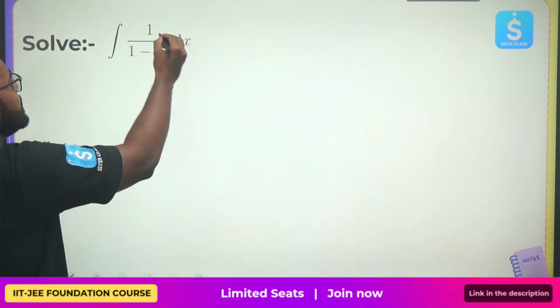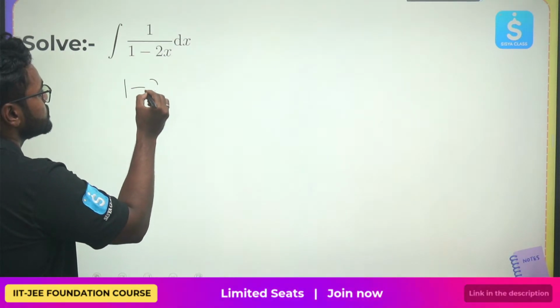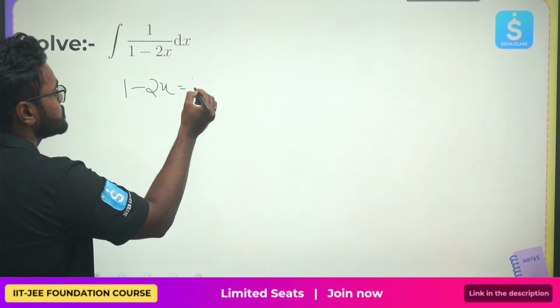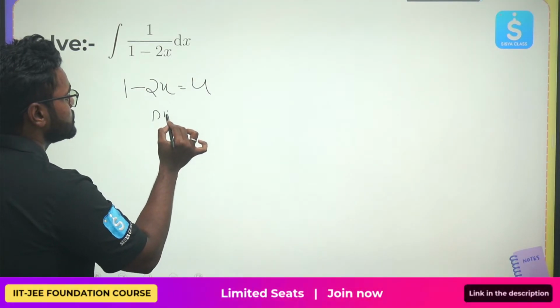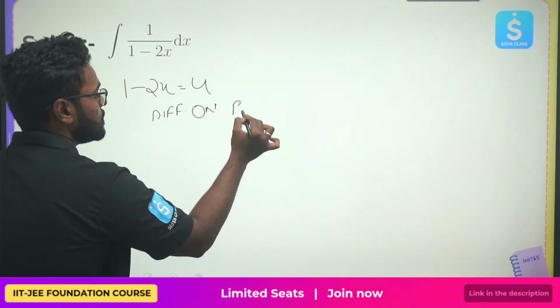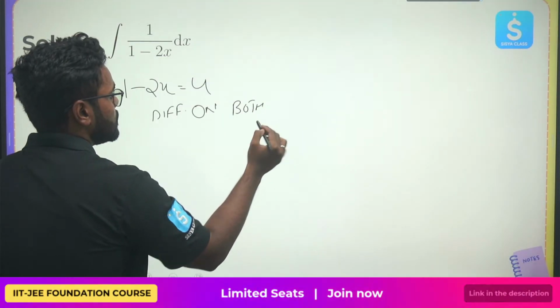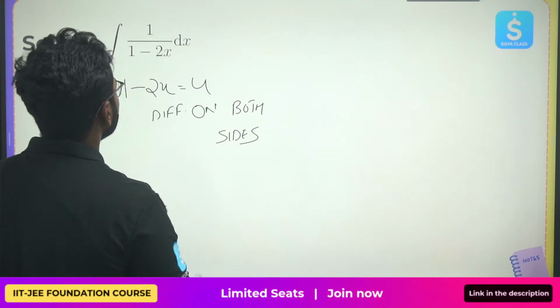Come on, let's solve this. In this case, let us try putting 1 minus 2x as u. Now, let us differentiate on both sides. What would we be getting?